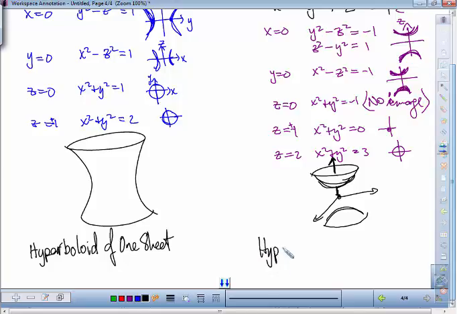And guess what the next one's called? Hyperboloid of 2 sheets.